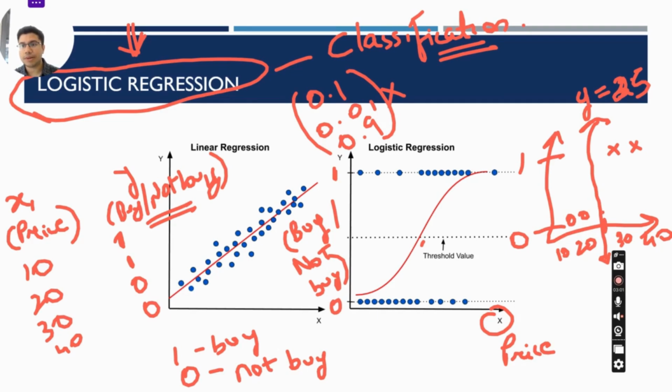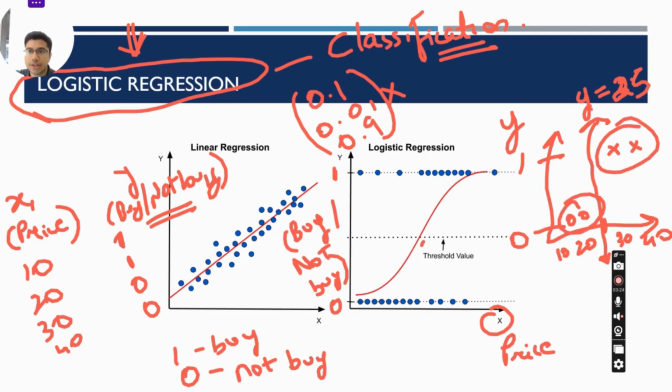So as long as the price x is less than 25, y will be 0, and if x is greater than 25, then y will be 1.